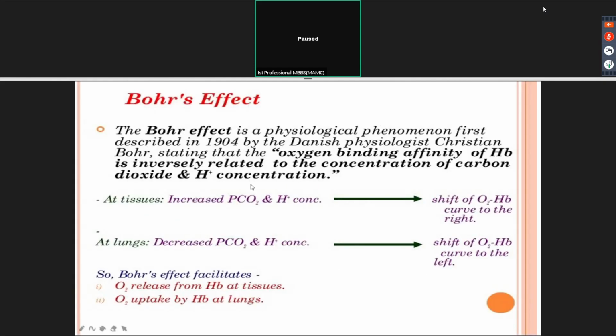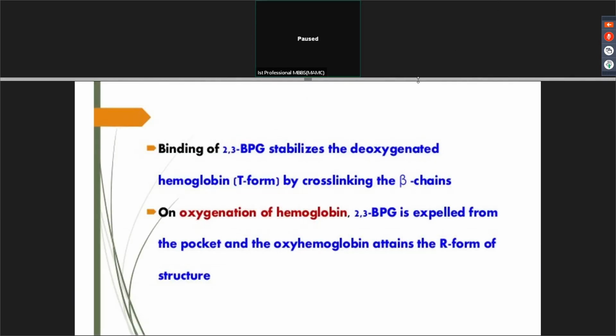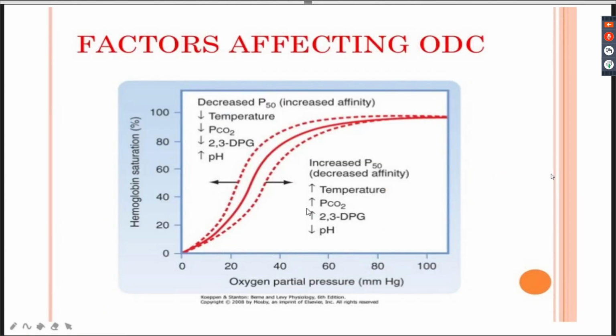So here comes the Bohr effect, which is named after a Danish physiologist, Christian Bohr, who explained that oxygen binding affinity of hemoglobin is inversely proportional to the concentration of carbon dioxide and H plus. So there is increased concentration of PCO2 and H plus at the tissue level, and there is shifting of the ODC curve towards the right.